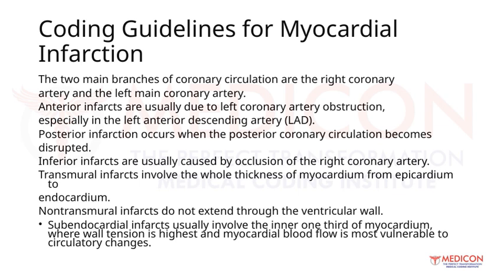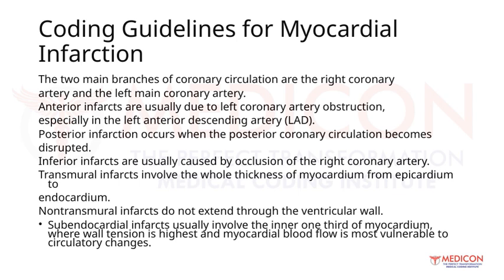This artery supplies a large portion of the front of the heart, so blockages here often lead to anterior wall infarctions. Posterior infarctions happen when the posterior coronary circulation is disrupted, which usually involves the right coronary artery or sometimes the circumflex artery. Inferior infarcts, on the other hand, are most often caused by occlusion of the right coronary artery. This artery supplies the bottom part of the heart, so blockage here results in inferior wall infarcts.